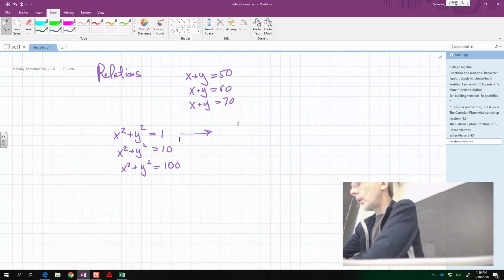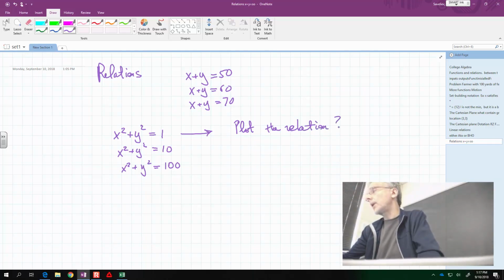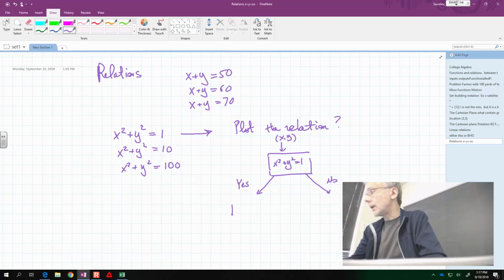So plot the relation. Remember how we are plugging in xy. xy is given on the xy plane, and then we have a question to be answered: x squared plus y squared is equal to 1. And there are two possible answers, yes or no. If it is yes, we plot this point, xy.